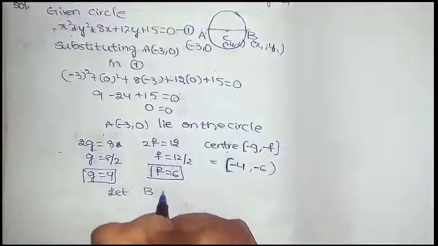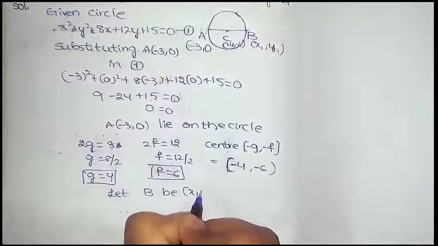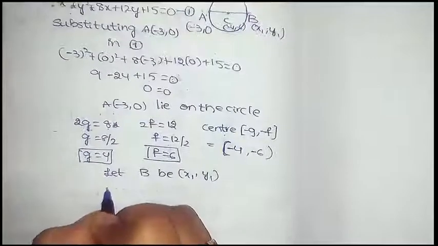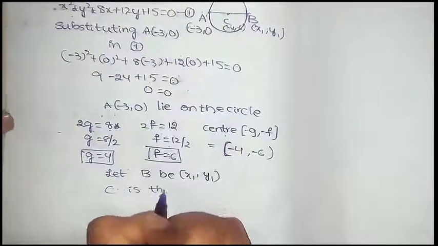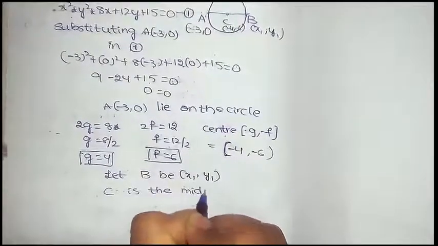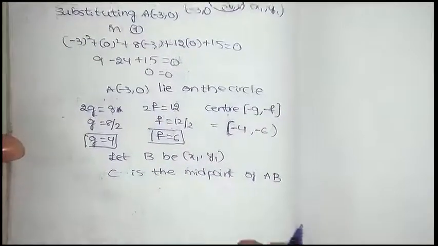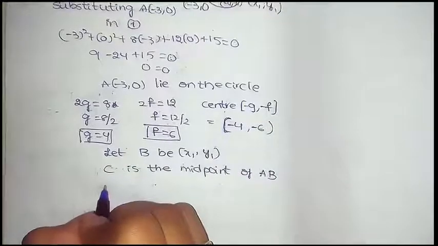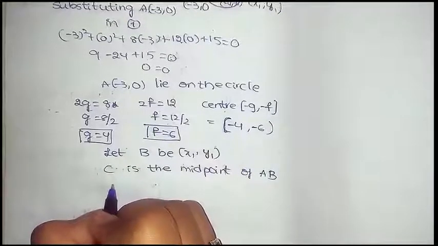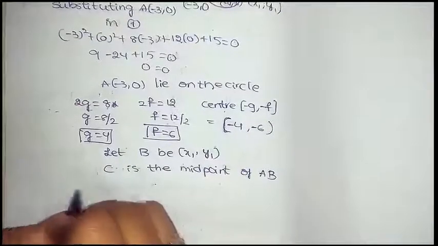Let B be x1 comma y1. C is the midpoint of AB. So the midpoint formula is x1 plus x2 by 2 comma y1 plus y2 by 2.